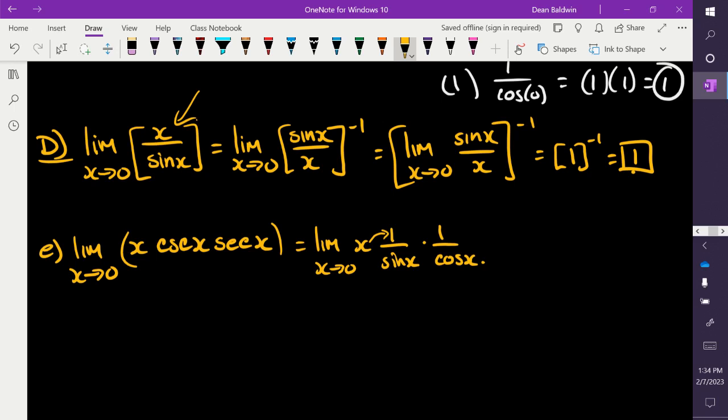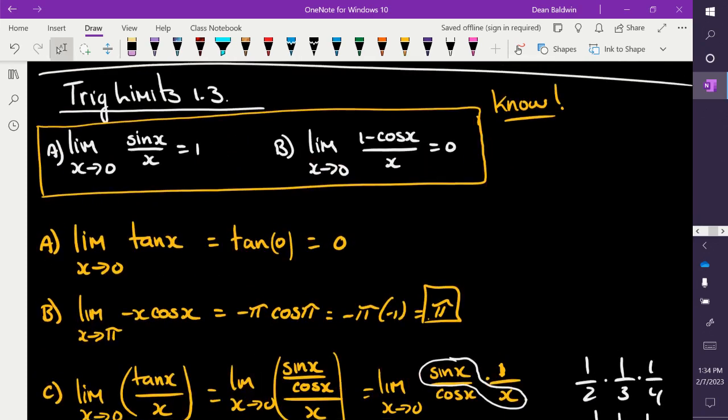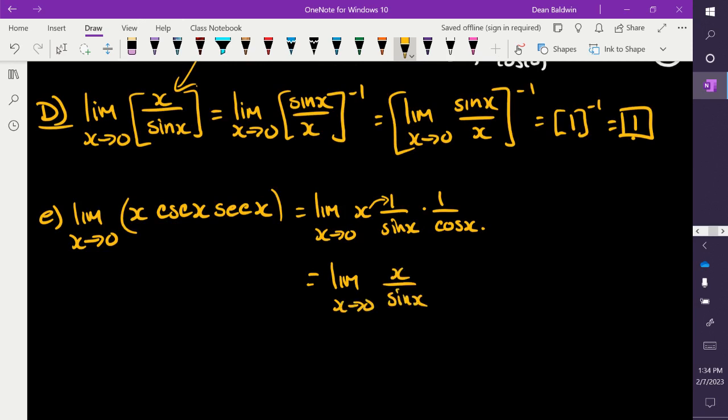Your whole point here is to make it so that you can either sub in or use one of these two special limits, okay? So if I put the x right there, I rewrite it as this. Like that.